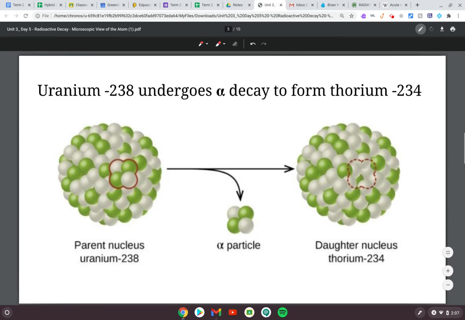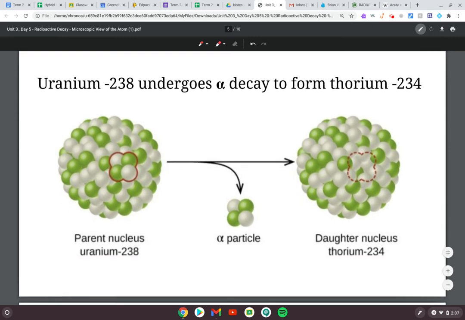So here we have an example of uranium-238 undergoing something called alpha decay to form thorium-234. The parent nucleus starts with having enough protons and neutrons to give it a mass number of 238.